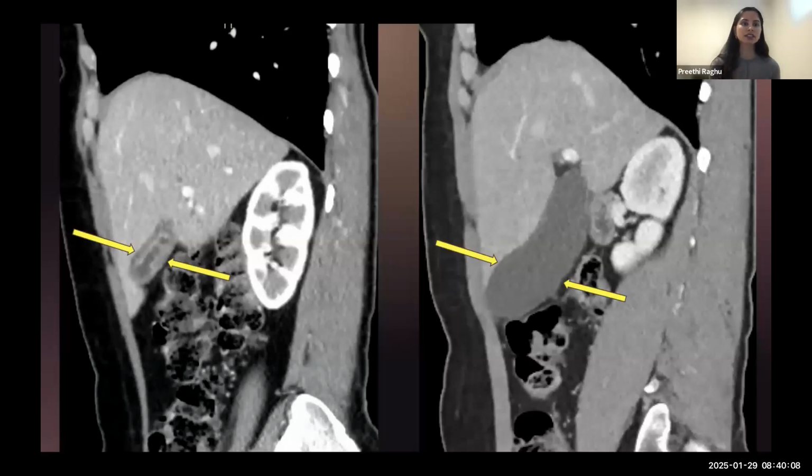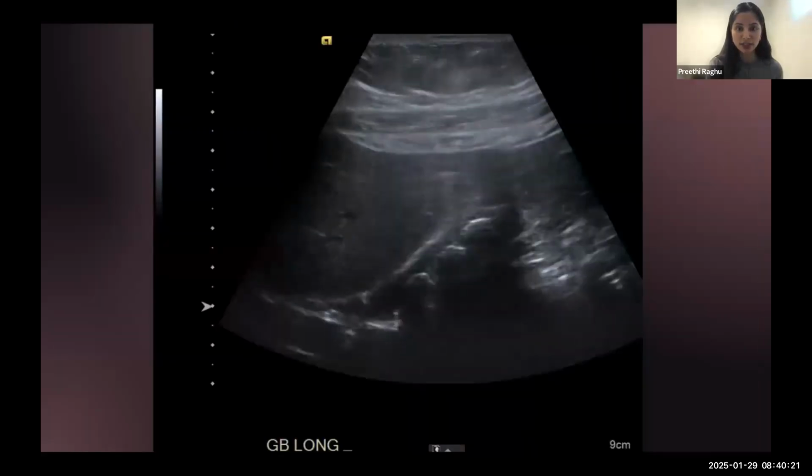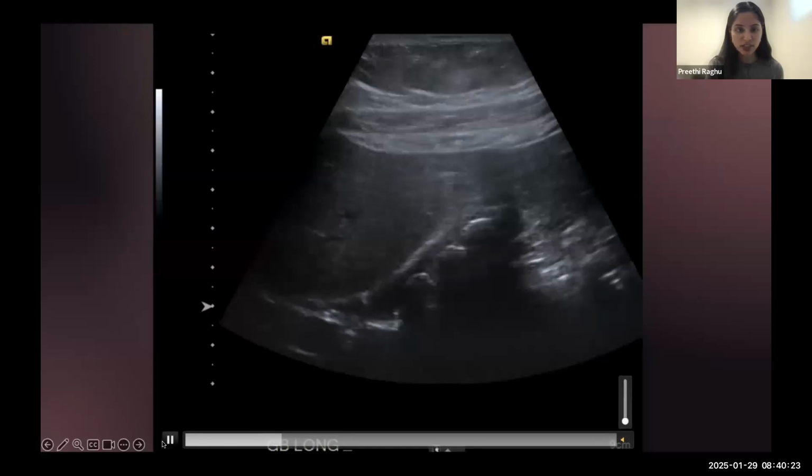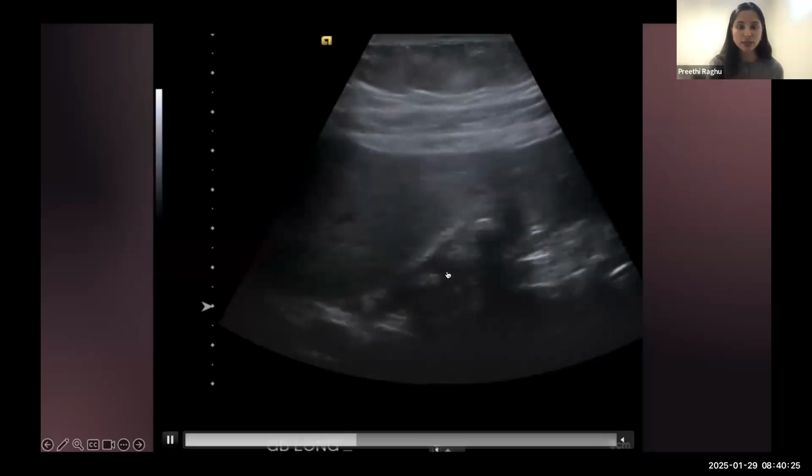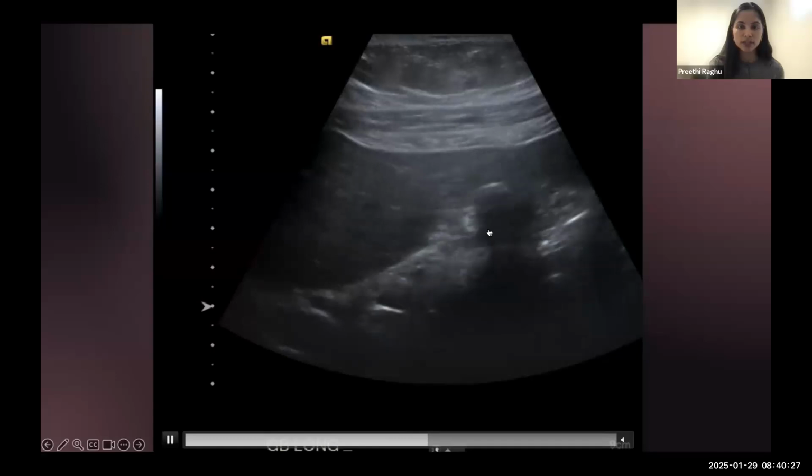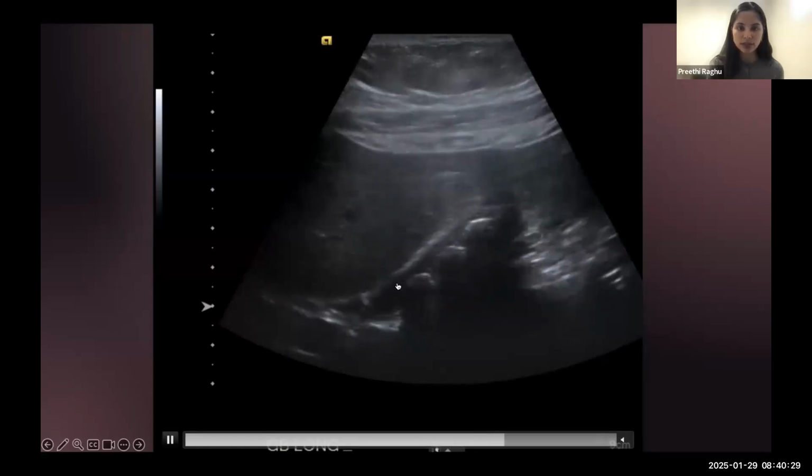So at this point, I was very confused and not sure, you don't just get new onset adenomyomatosis. So this didn't really look like a metastasis. It was too diffuse. So I did what any good radiologist would do, and I punted it to a colleague in ultrasound. And unfortunately, the next time I was on ultrasound, this same patient came through, and we had this gallbladder with lots of gallstones, but the gallbladder itself looked quite postprandial.